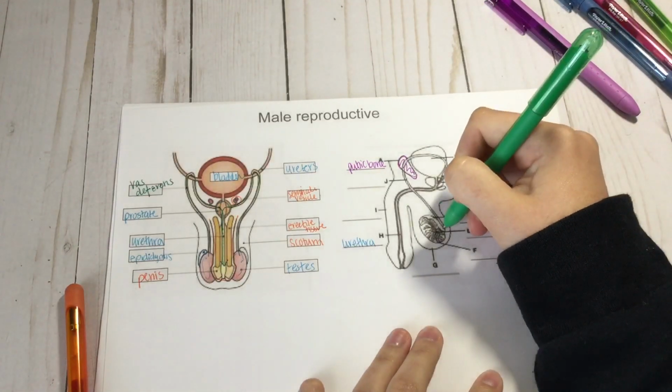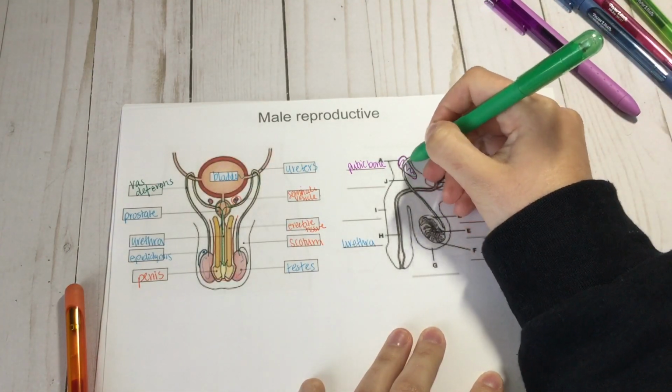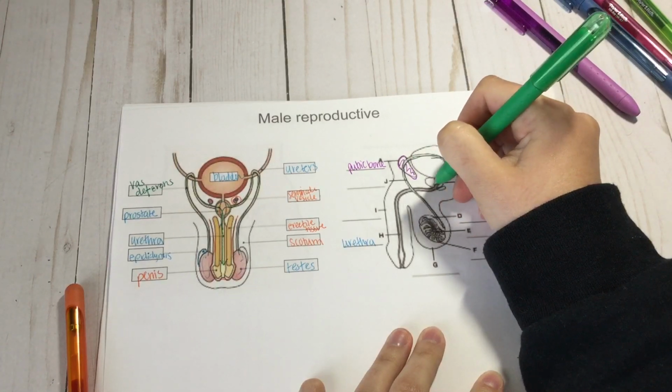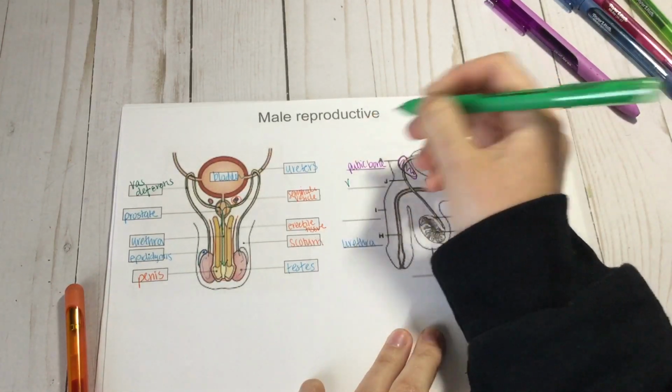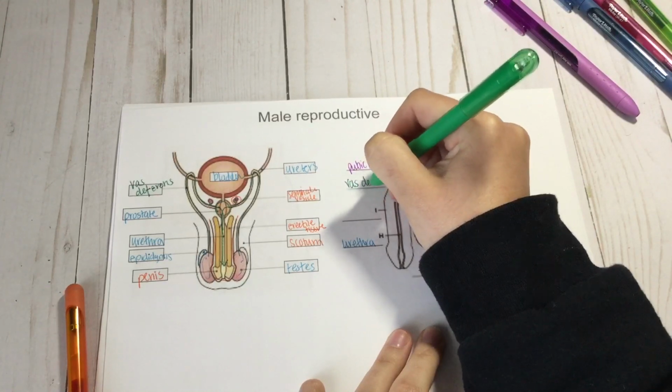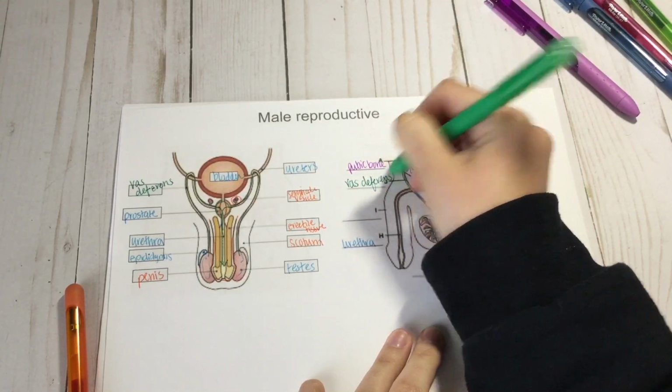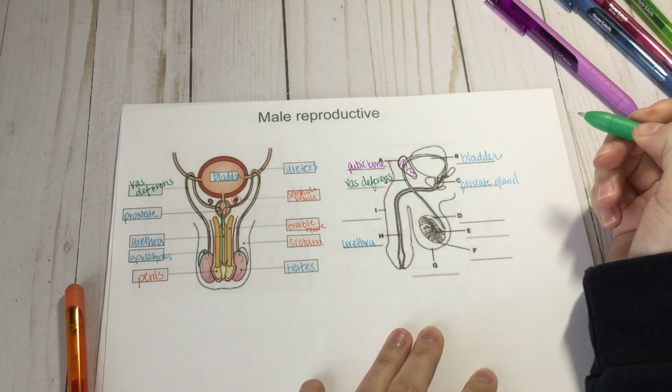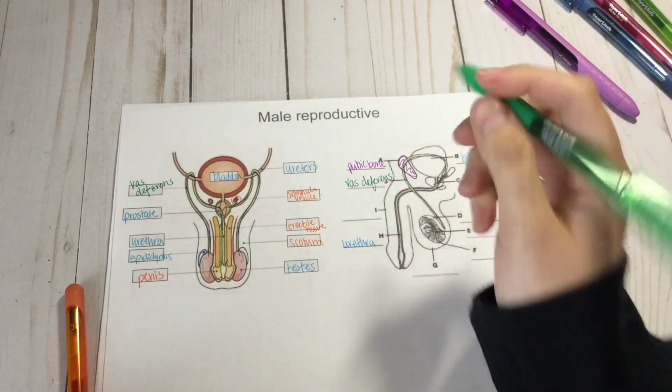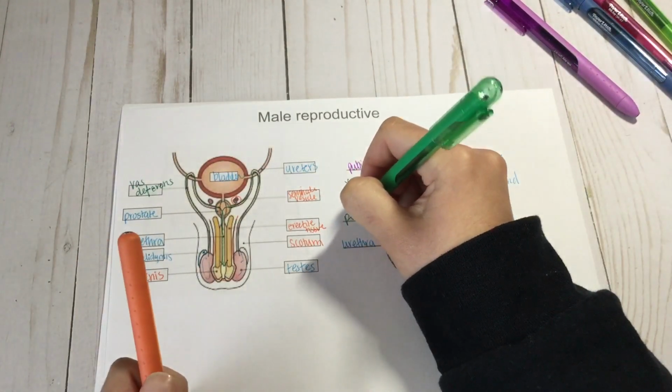Okay, the tube that leads from the testicle to the urethra is the vas deferens. We have the penis.